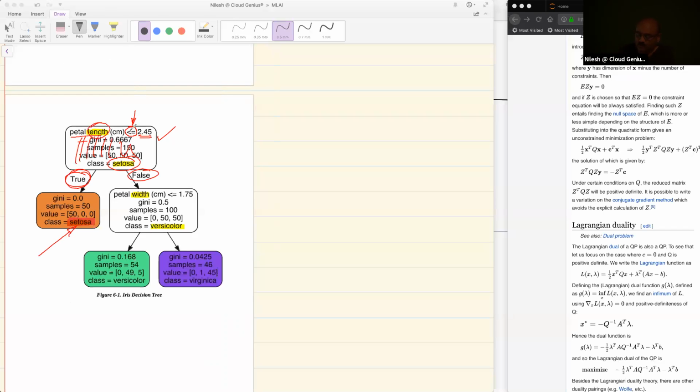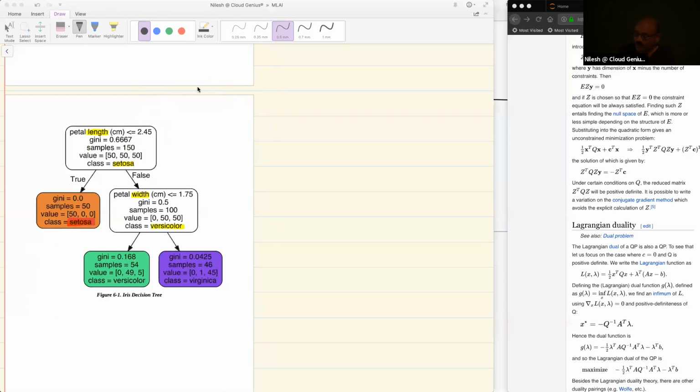So if this condition is true, then it goes straight in this direction and you get the answer. Therefore, there are no children in the tree. It is a leaf. Root, leaf. No further kids.